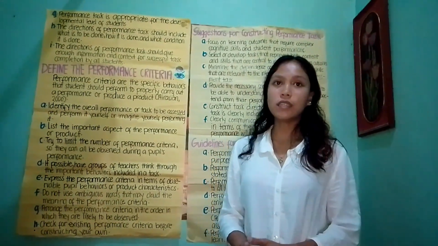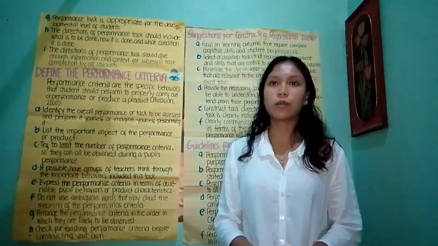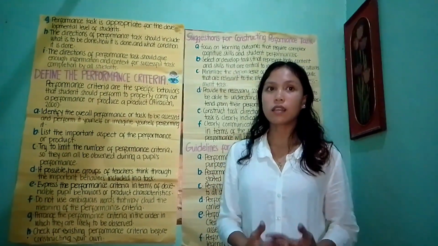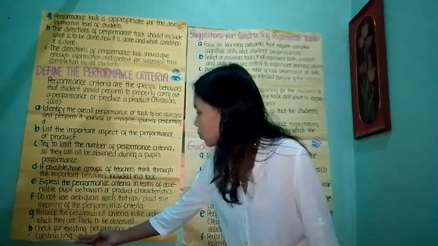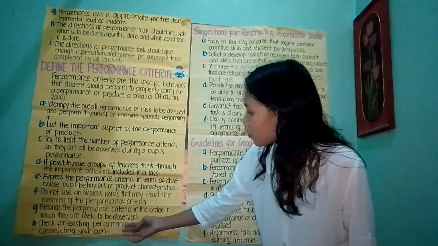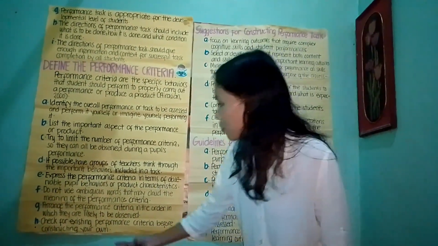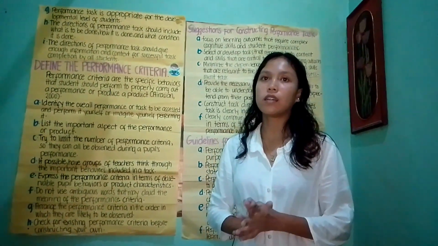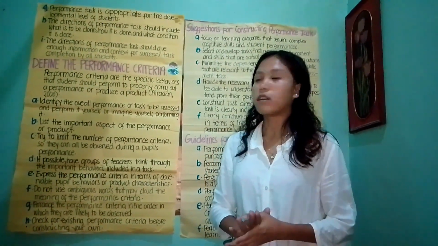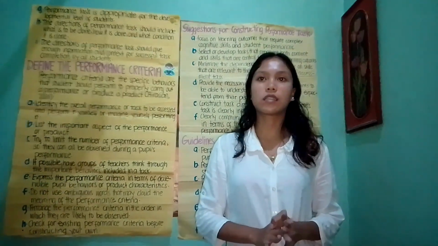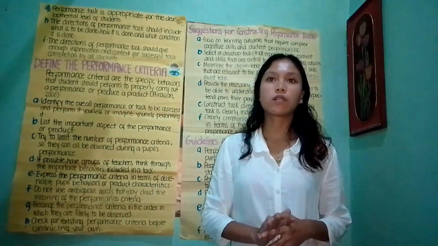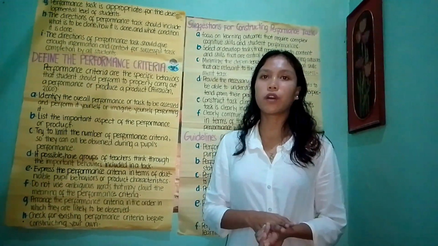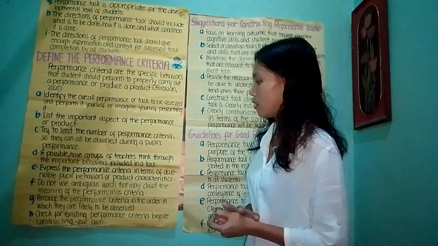So, arrange the criteria in the order students will likely show them during the task. And the H is check for existing performance criteria before constructing your own. So, check if there are already existing criteria you can use before creating new ones.